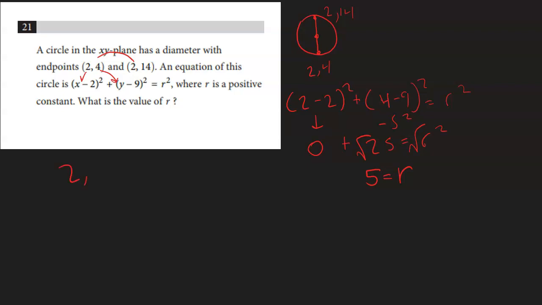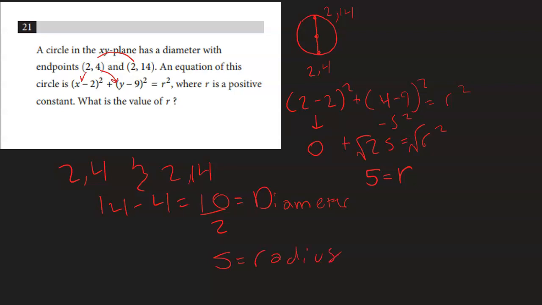So if it's (2, 4) and (2, 14), we know the difference between the y's would be 14 minus 4, and that would equal 10, and that would be the diameter. Then half of that, 10 over 2, so 5 would be the radius, because the radius is half the diameter.